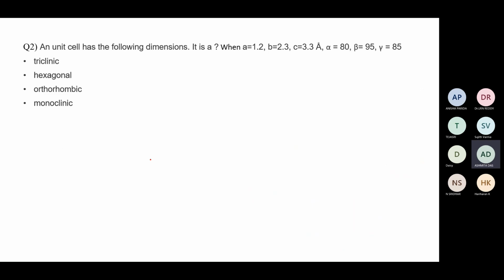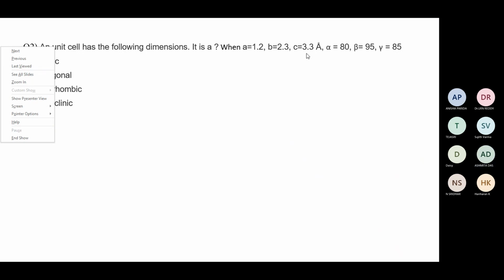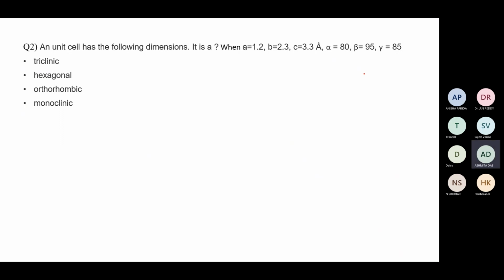Now moving to the next question. A unit cell has the following dimensions: A is equal to 1.2, B is equal to 2.3, C is equal to 3.3, alpha equals 80, beta equals 95 and gamma is equal to 85. What will be the correct answer?